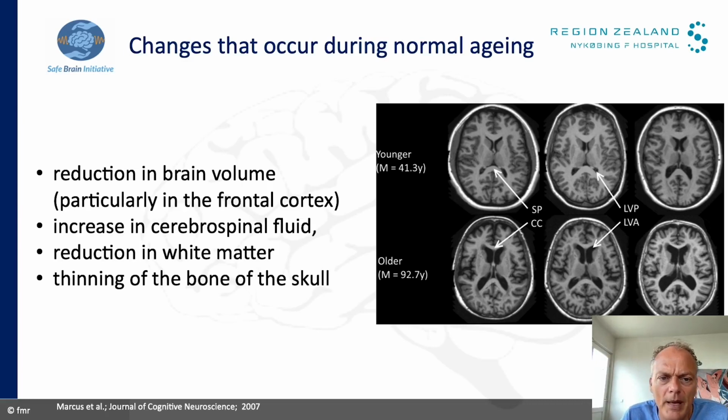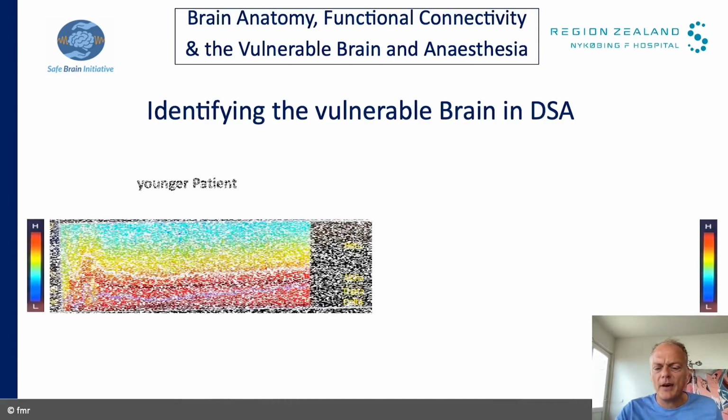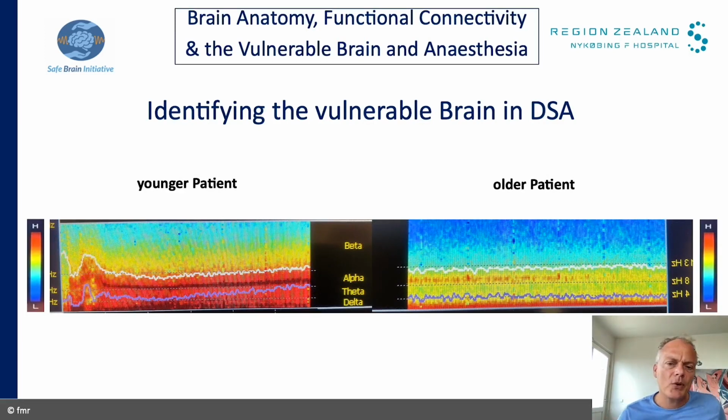So the substance of the brain, the robustness or the plasticity of the brain, decreases with age, which is also well established. And you can easily identify this in the EEG, and specifically in the DSA, because the power of your response in the EEG signals decreases accordingly.